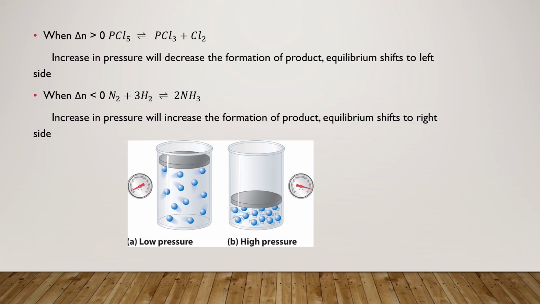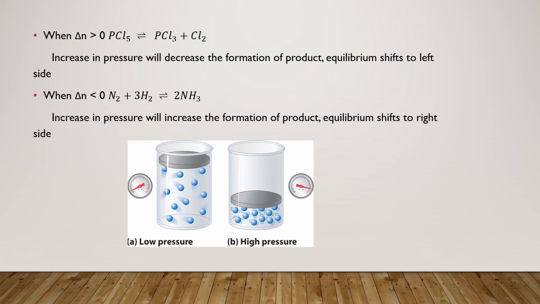The number of moles of products is 2, and the number of moles of reactants is 4. So delta n is less than 0. If we increase the pressure, it will increase the product formation, right? It goes to the fewer number of molecules. So it increases the product formation. The equilibrium shifts to the right-hand side, right?